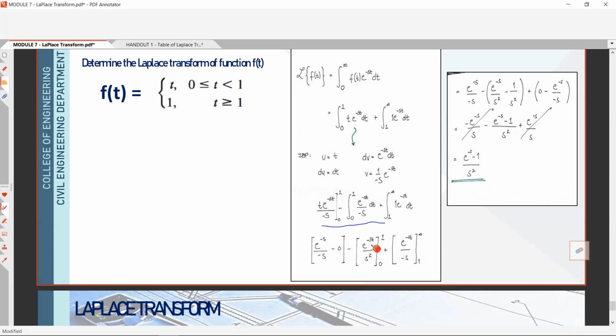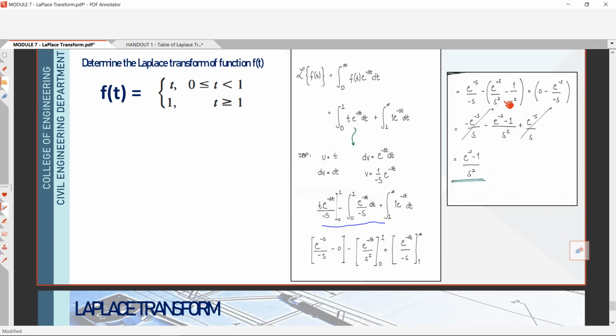We already solved that earlier. Evaluate from 0 to 1. And the integration of this one is e raised to negative st over negative s, evaluated from 1 to infinity.